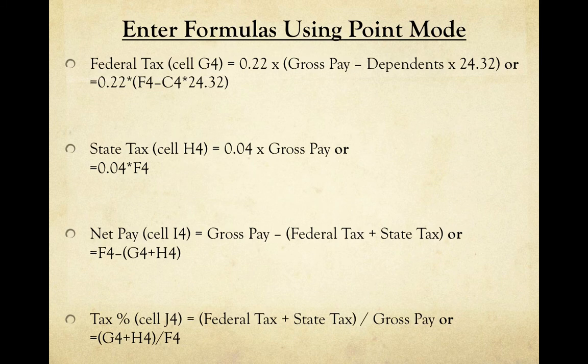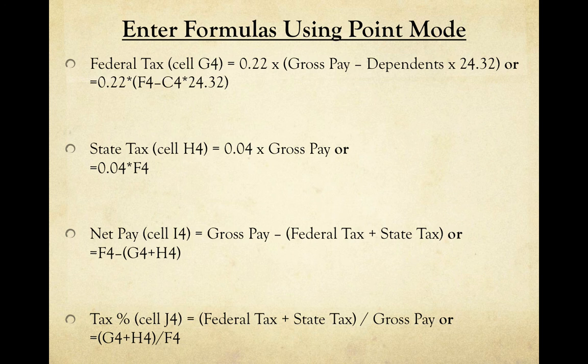Now, this one here, we're talking about point mode. Once we get involved in our practice exercise, this will make a little bit more sense, but you may want to pause right now and go ahead and write these down. Notice that in point mode, we're giving specific cell numbers right now. So federal tax is cell G4. And remember our formula from earlier.